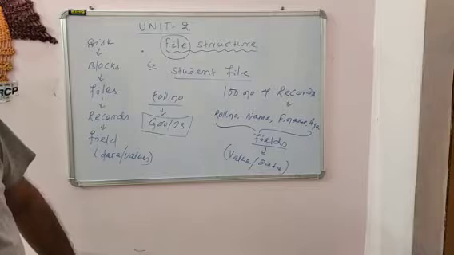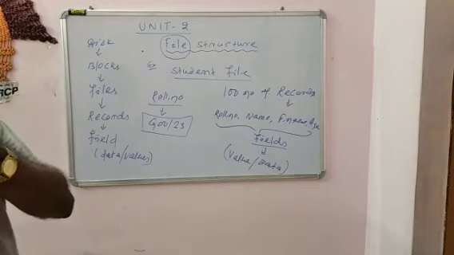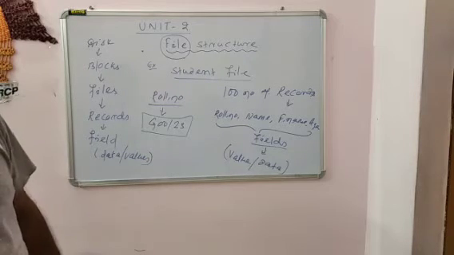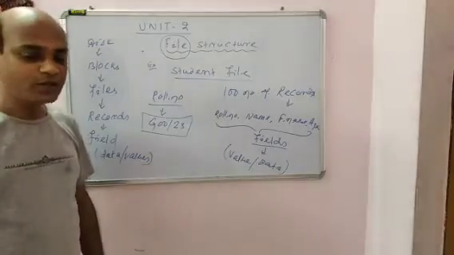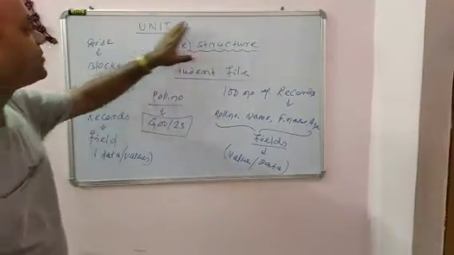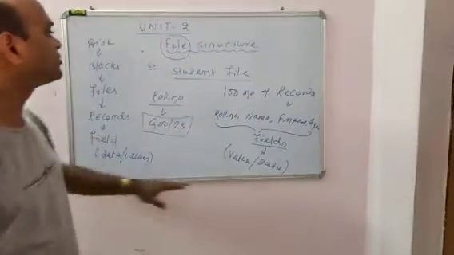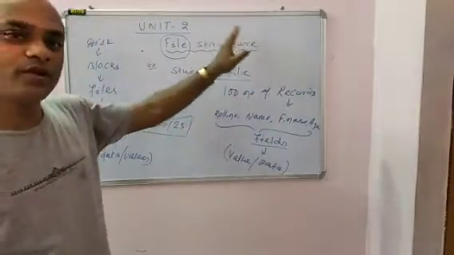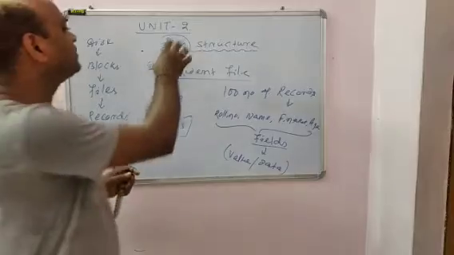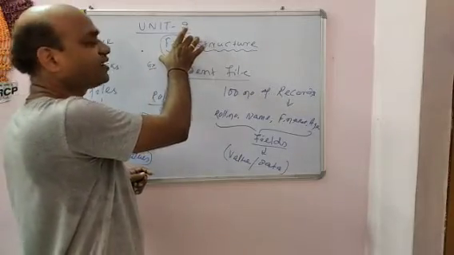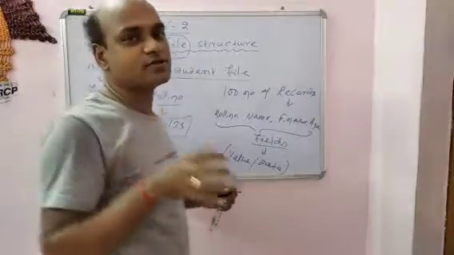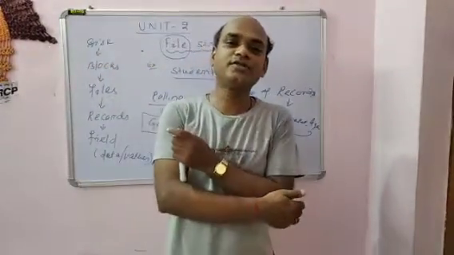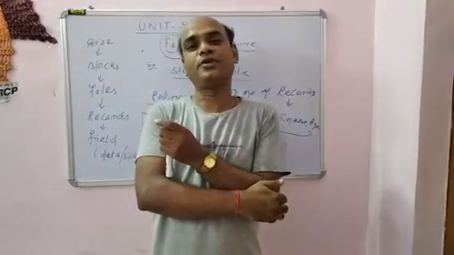We are storing the values in a hierarchical manner, like file, record, and field. So this is the overall concept of the database file structure. Basically, a file is nothing but a logical name of some memory location where some information or data or image or graph or picture is being stored.